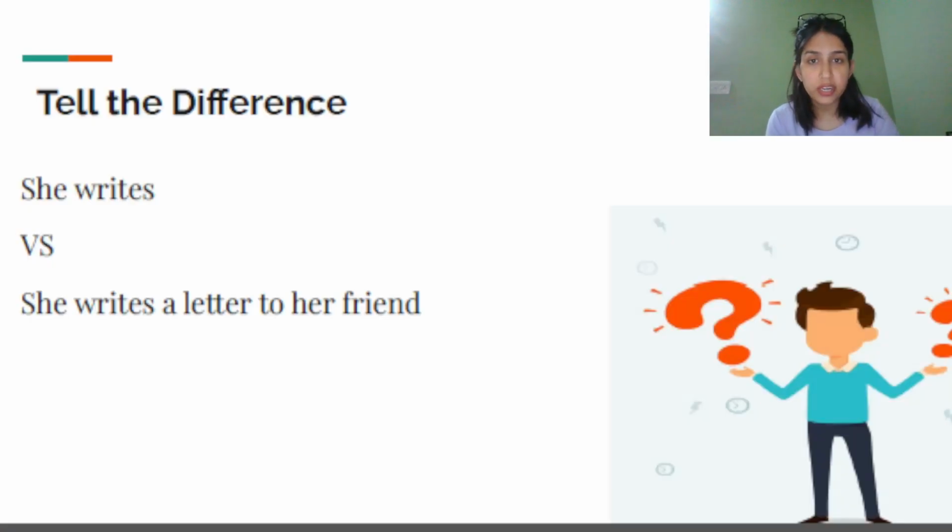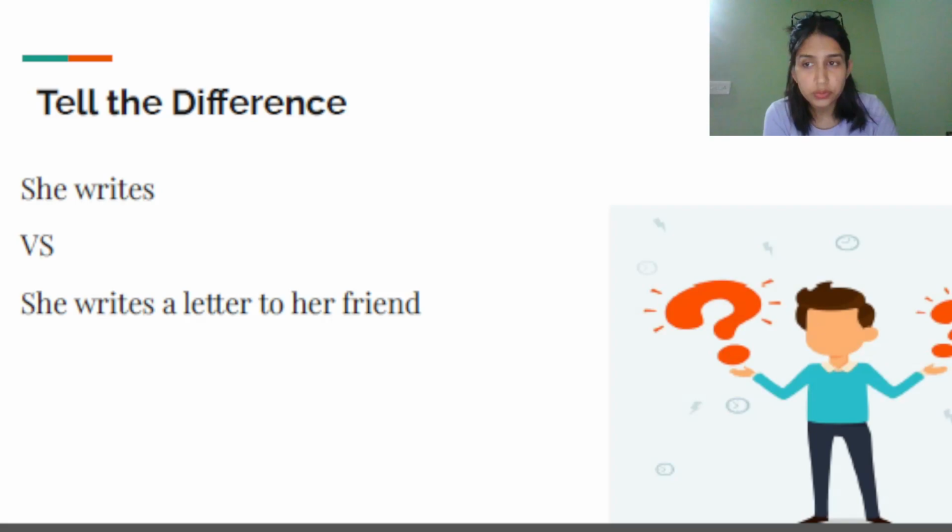We'll move forward and you'll answer these questions: tell the difference between "she writes" and "she writes a letter to her friend." Now that we have discussed what a sentence means, is "she writes" a sentence or not? Is there a subject, a verb and an object in "she writes", or is there only a verb with a pronoun?